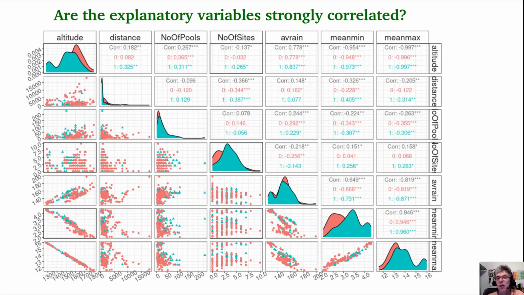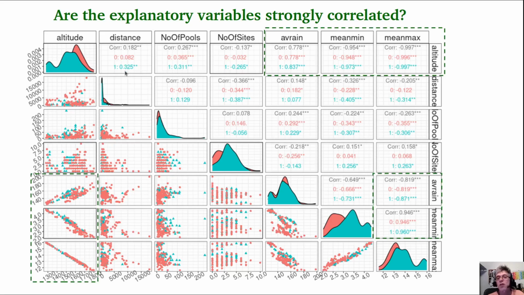So this is a plot of all the explanatory variables one against the other. In the upper triangular part of this matrix, we simply see the correlations between them, and in green and other colors we see the correlations discriminated for the presences and for the absences.